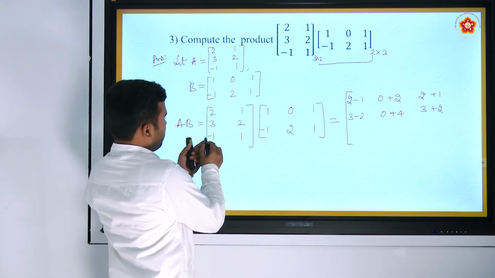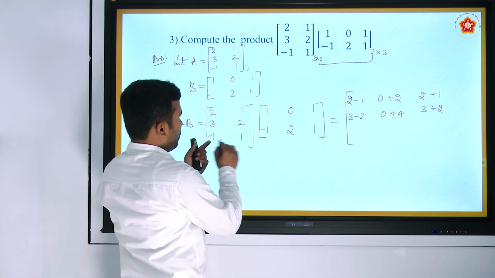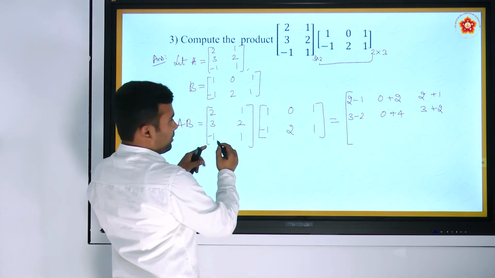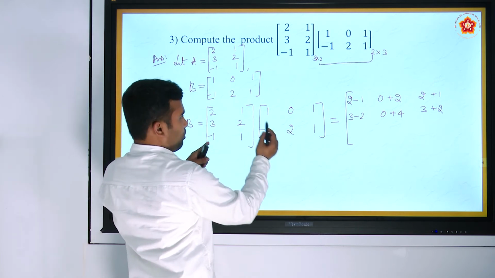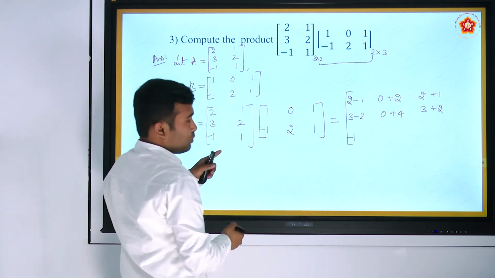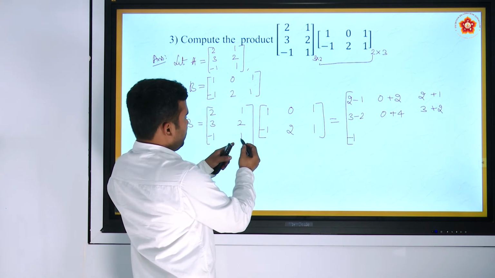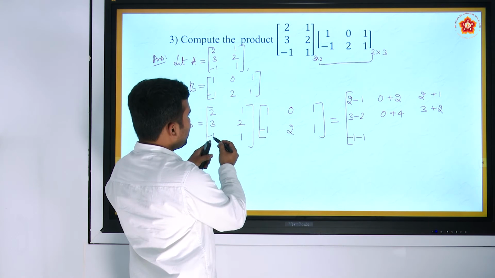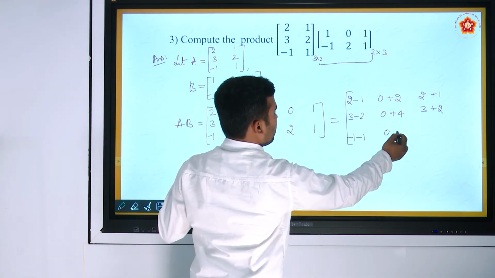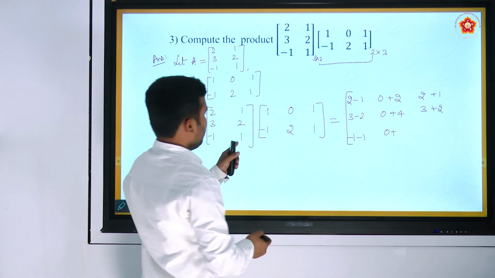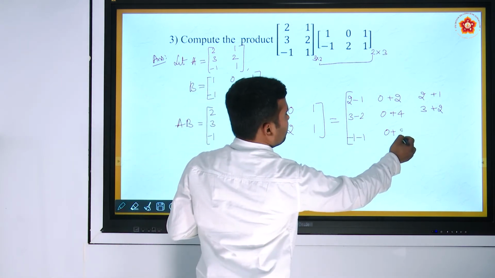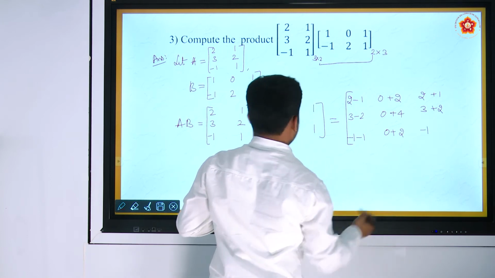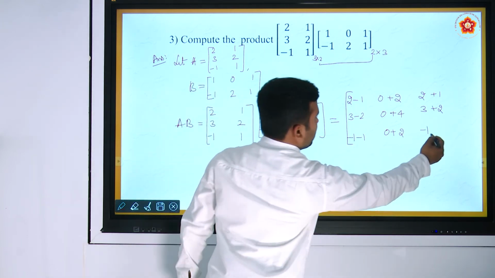So this one, third row into first column, third row into second column, third row into third column. In that way we have to do. Minus 1 into 1, minus 1, plus 1 into minus 1 is minus 1, minus 1 into 0, plus 1 into 2, next minus 1 into 1, plus 1 into 1.